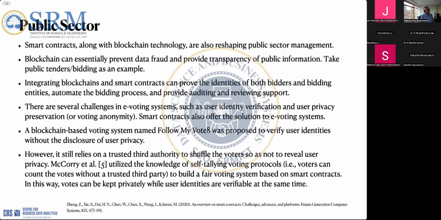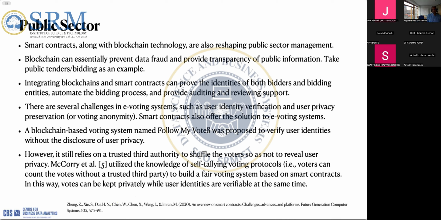But on the other hand, when you have a blockchain and smart contract-based system, it provides the necessary guarantee of anonymity, and at the same time, the scope for verification and validation, and it can easily provide a very transparent system for voting. People have mainly been working on e-voting protocols, especially using zero knowledge proofs.